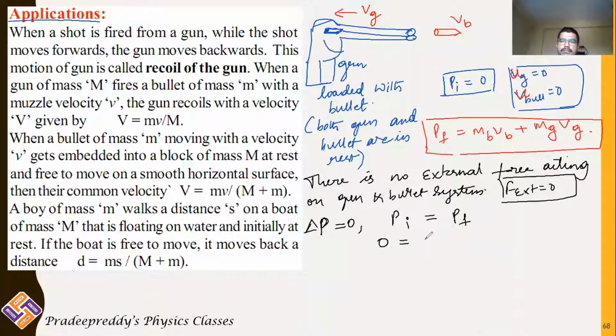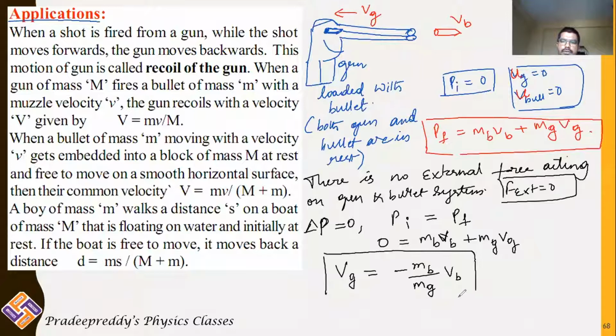Final momentum is mass of the bullet into velocity of the bullet plus mass of the gun into velocity of the gun. This gives you velocity of the gun is equal to minus of mass of the bullet divided by mass of the gun into velocity of the bullet. This is the final expression which you can write for velocity of the gun.